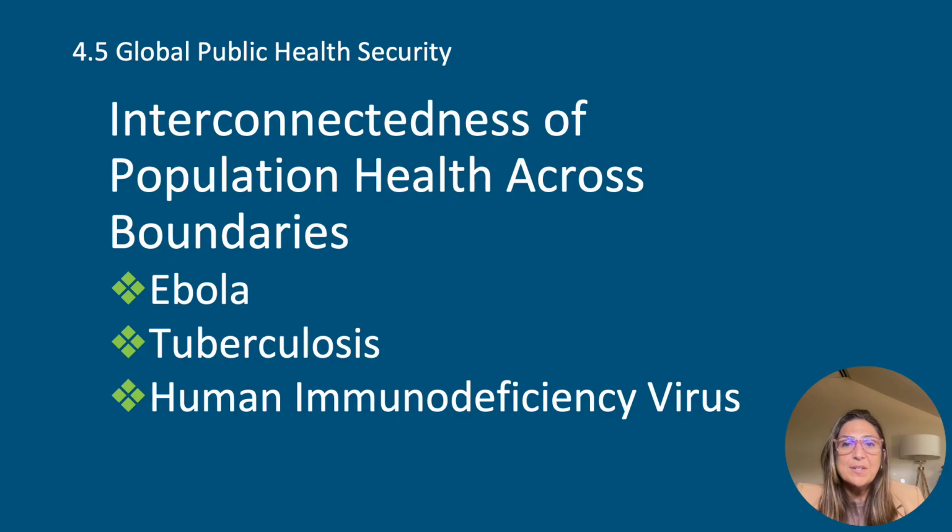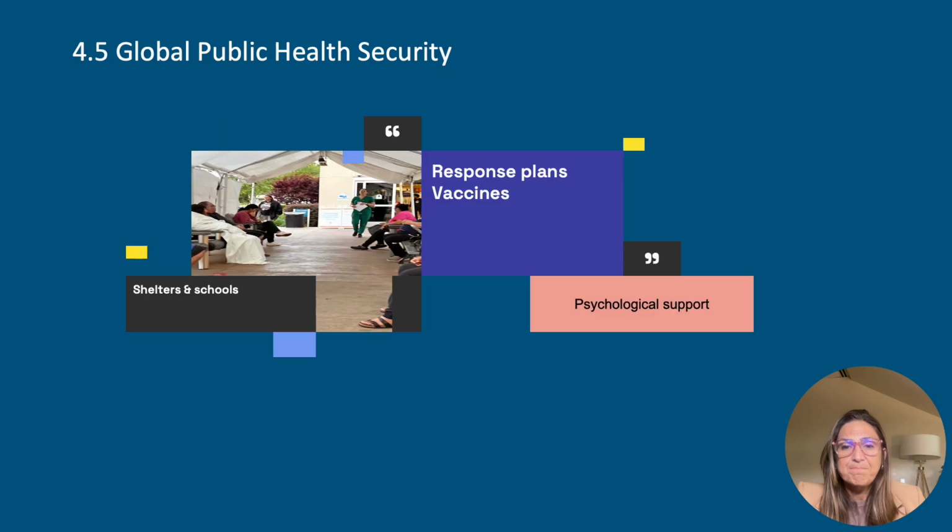And then multi-drug resistant TB is resistant to drugs and is easily transmitted. Human immunodeficiency virus was first reported in 1981. It was a major global health issue, with ongoing transmission of HIV, and increasing transmissions reported by some countries. And in 2022, 40 million people were living with HIV.